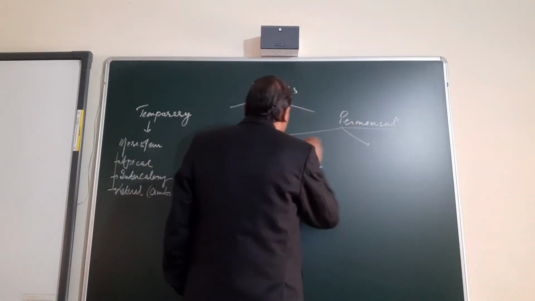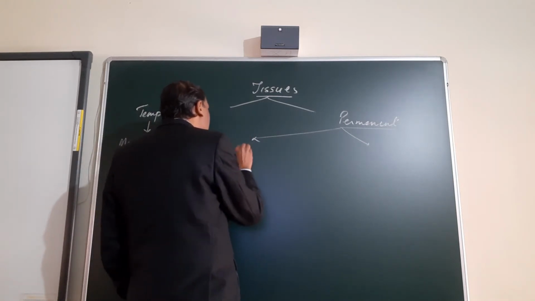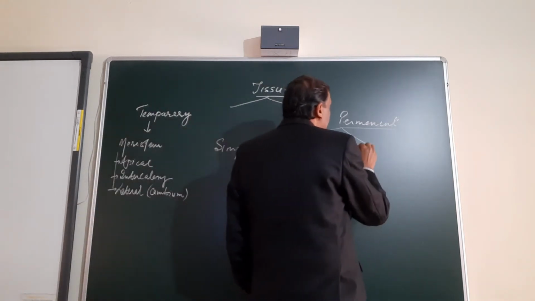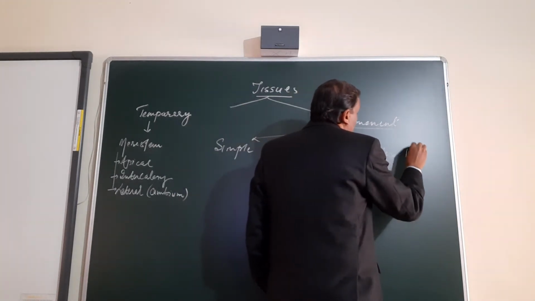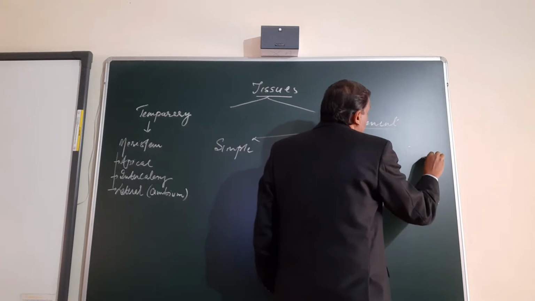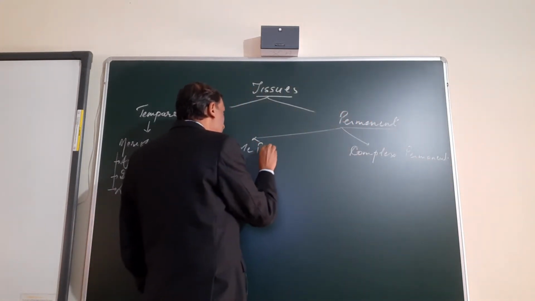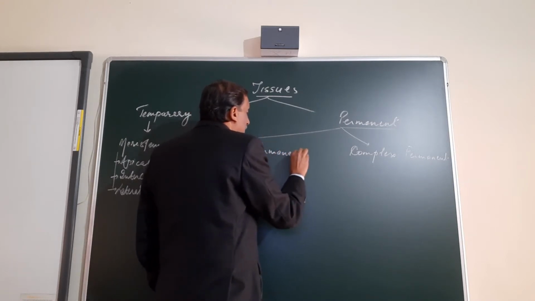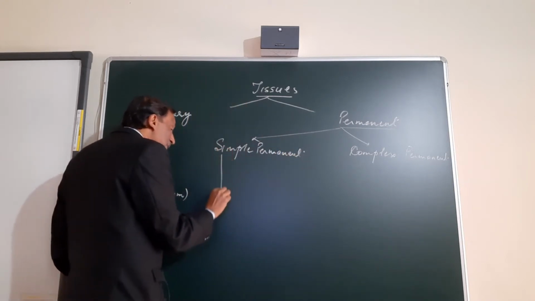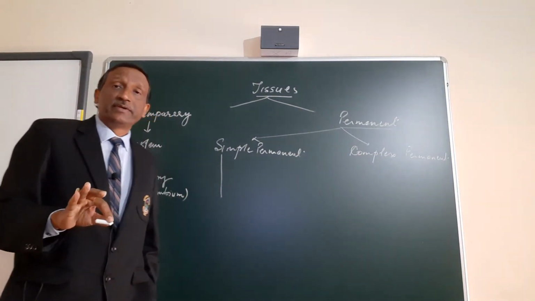And that is further divisible into two: simple permanent and compound or complex permanent tissue. Now, simple permanent are those which are made up of only one kind of cell, that is, all the cells are alike.